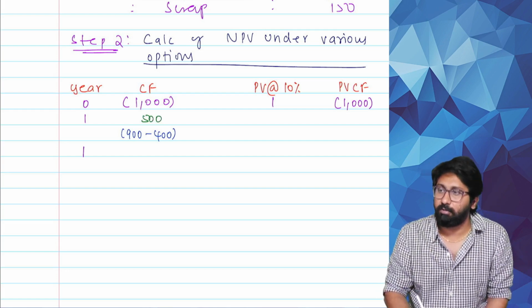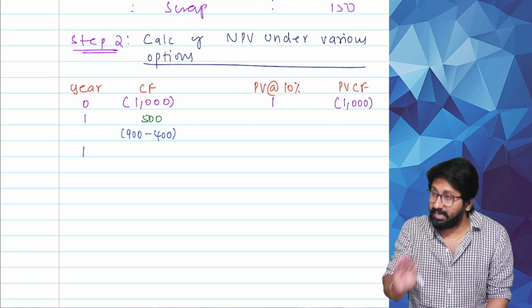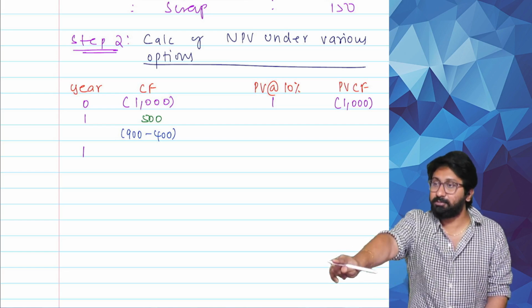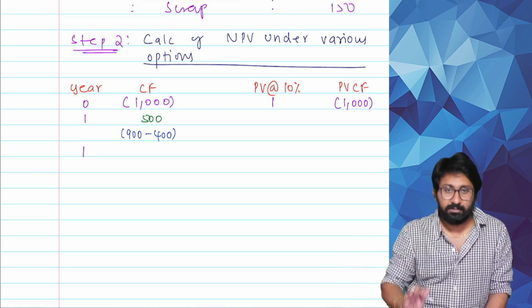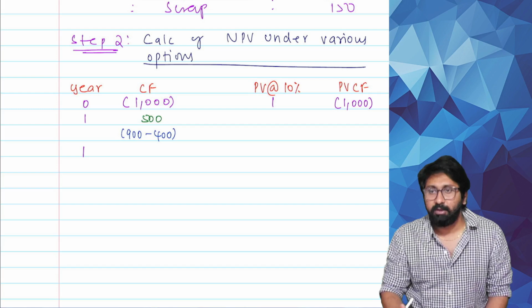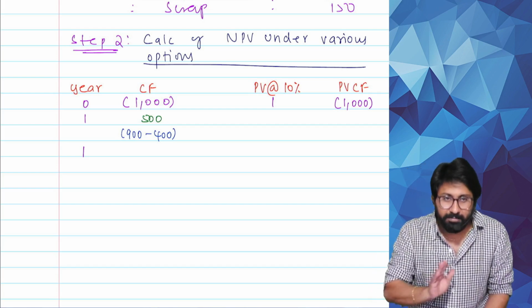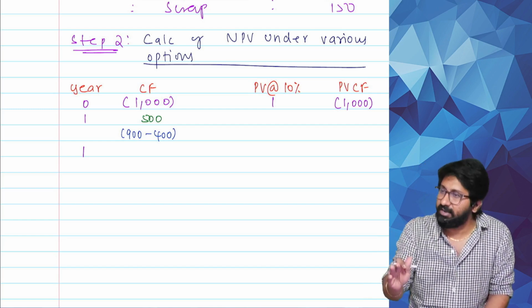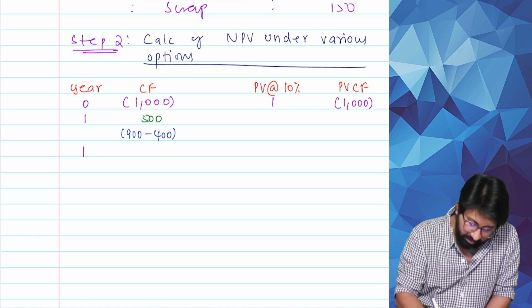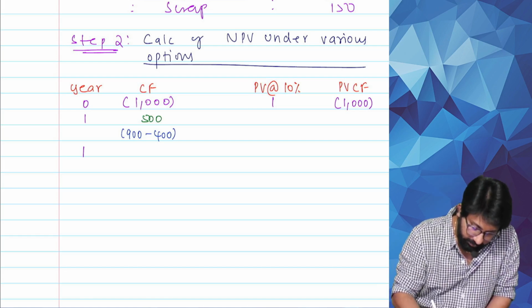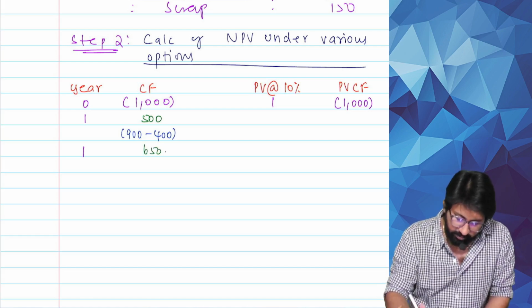Year 1, you are also going to get another inflow. What is that inflow? Sir, never merge scrap flows with the revenues. Scrap is not a revenue, it is a capital gain. So don't mix the cash flow with revenue. Revenues are different, scrap values are different. So tell me, what is the scrap? 650.